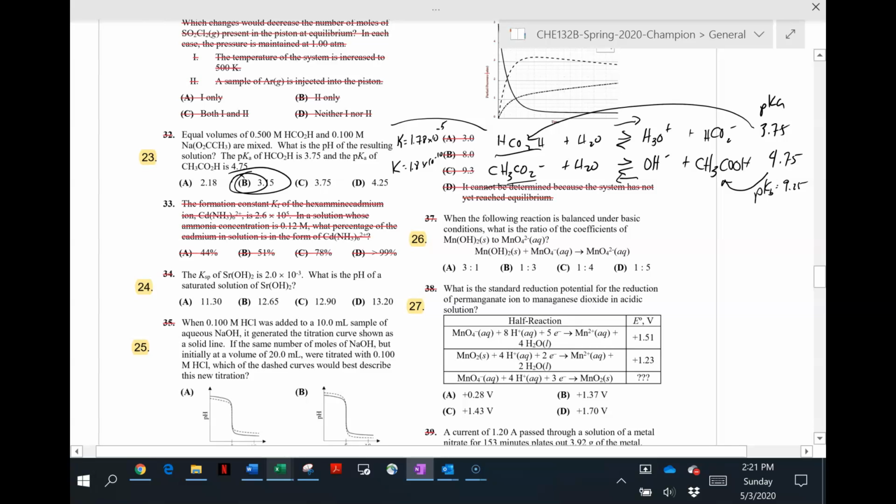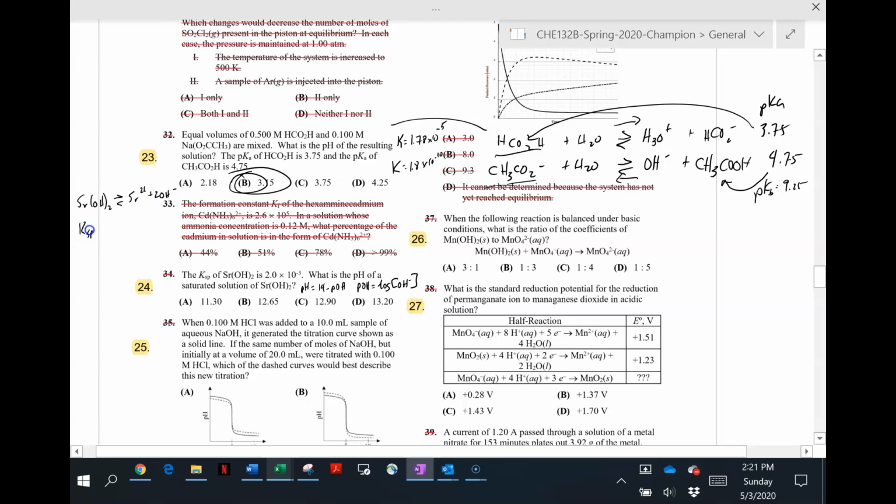Ksp of strontium hydroxide. We've got the value. We want to know the pH of that, so pH is, of course, going to be 14 minus the pOH. And what we're going to do is figure out the pOH from the hydroxide concentration. The way we get that is strontium hydroxide's Ksp expression, which is strontium 2 plus and 2 hydroxides.